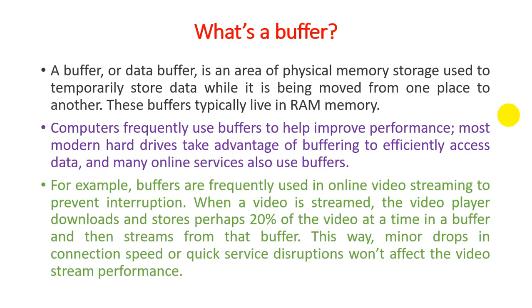It means they are storing what we will see next. In the future, what we are going to see in this video, they are storing in the buffer. So the user doesn't have to wait for the video to load. They are just loading this 20% of the video in this particular buffer and then streaming from that buffer. This way, a minor drop in connection speed or quick service disruptions won't affect the video stream performance.